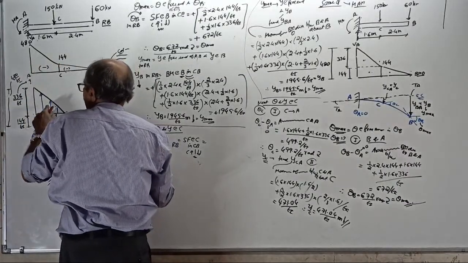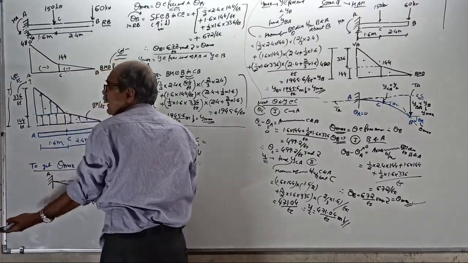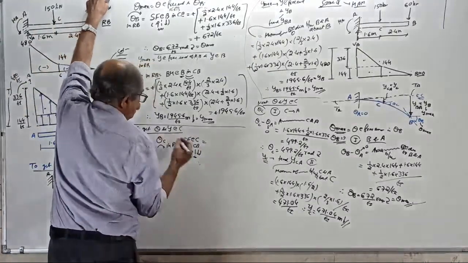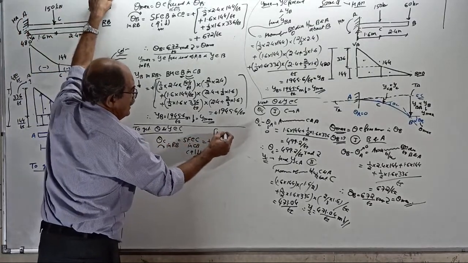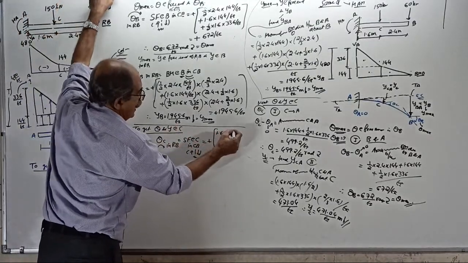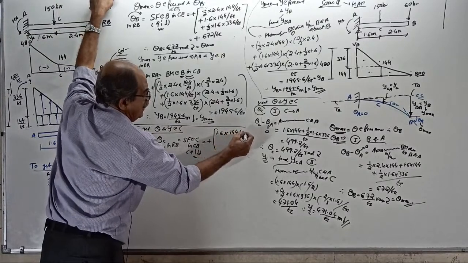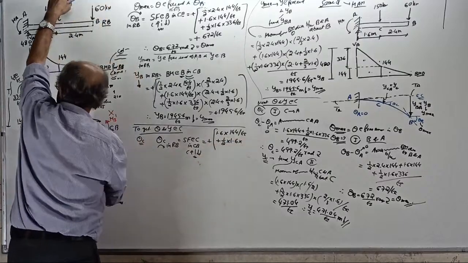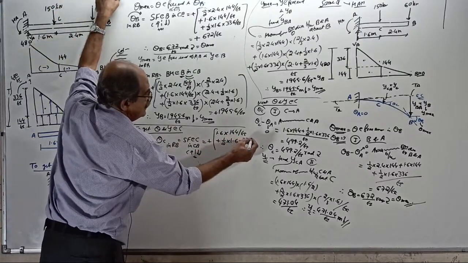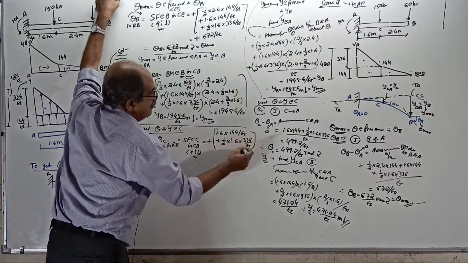One rectangle, one triangle, both are left up. Left up is positive. Plus 1.6 into 144 by EI, plus another one, half into 1.6 into 336 by EI.